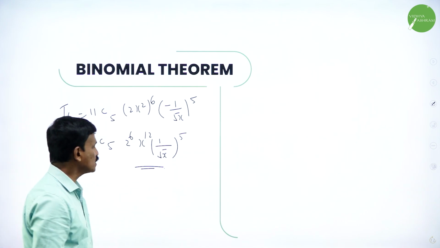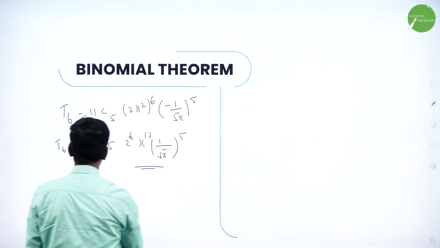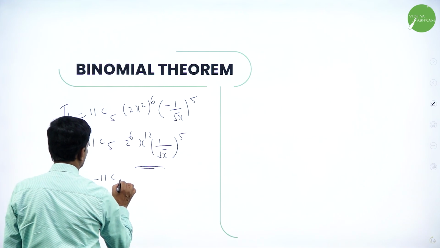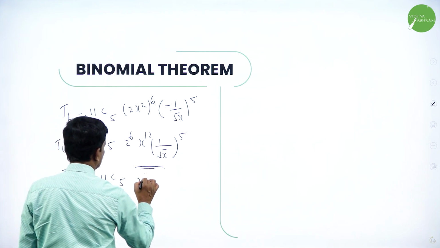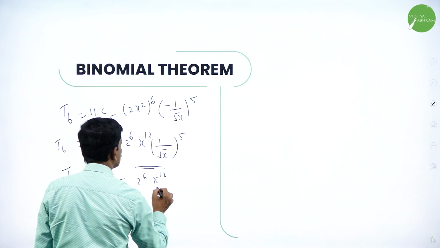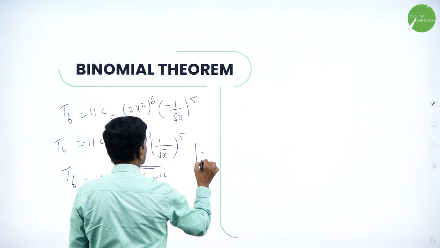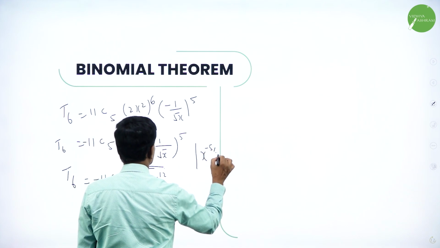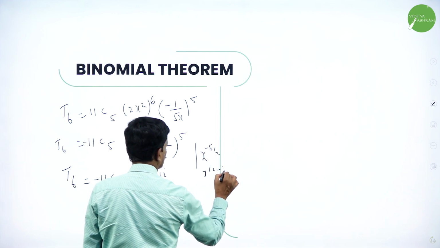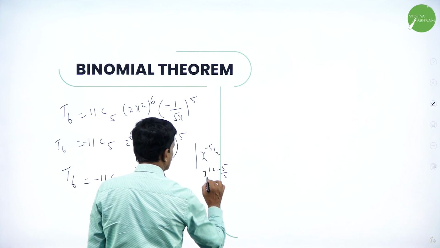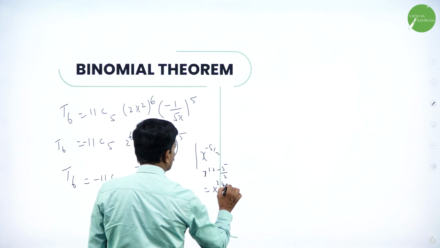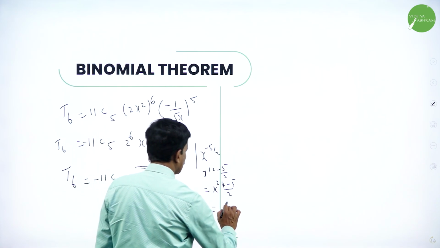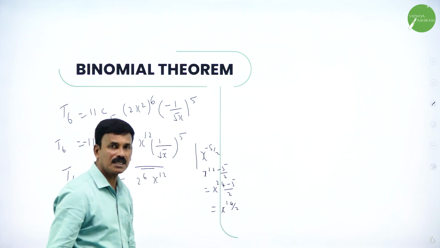So if you want, you can simplify this. This can be written as T6 is equal to −11C5 2^6 x^12 into, when this is taken to the numerator, it becomes x^(−5/2). So x^(12 − 5/2), that is x^((24−5)/2), x^(19/2).